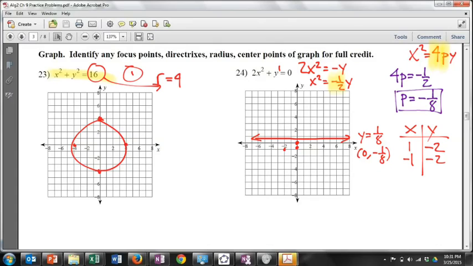So I get this point right here, and so then I can graph that nicely. Make sure you specify the line of symmetry and the focus point as a coordinate. Focus is a coordinate, directrix is a line equation. Y is equal to 1/8.